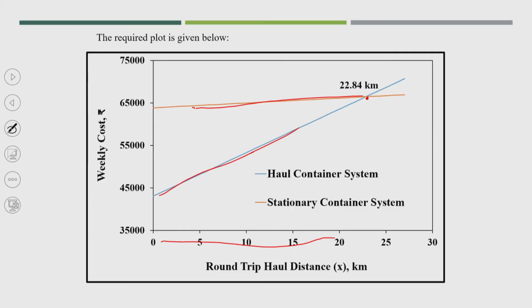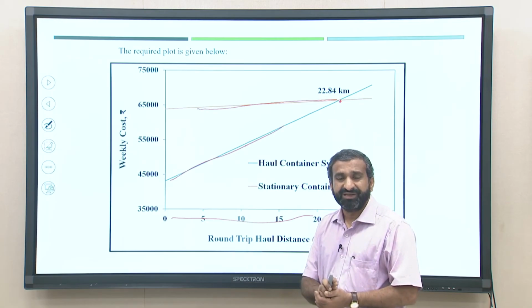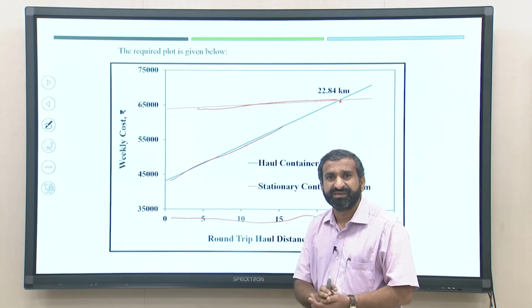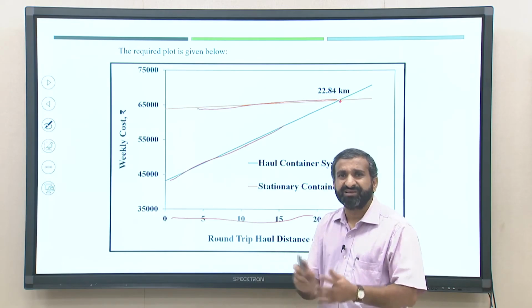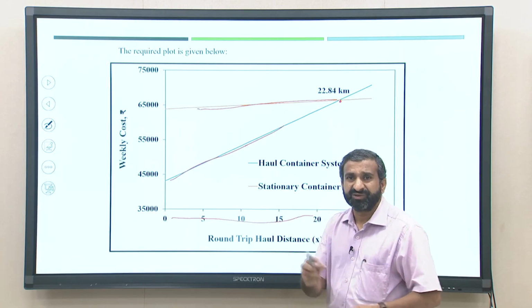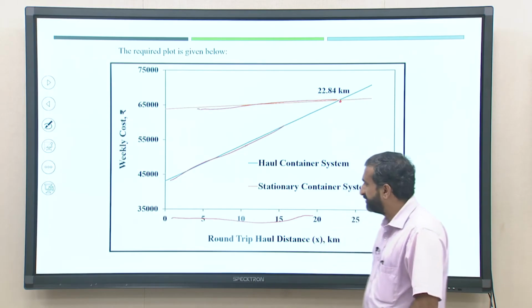Okay. Now, I think you properly understand that when you compare the hall container system, it is not only on cost basis, not only on distance basis; other infrastructure facilities are also required to finalize the hall container system or stationary container system.